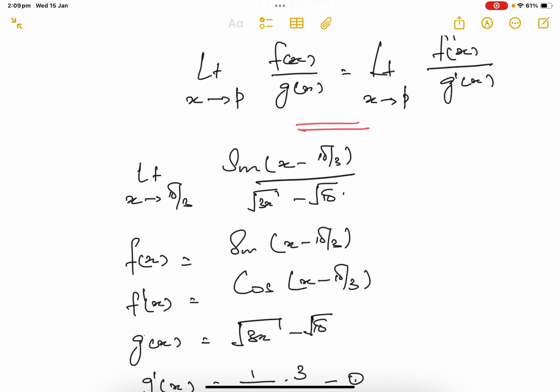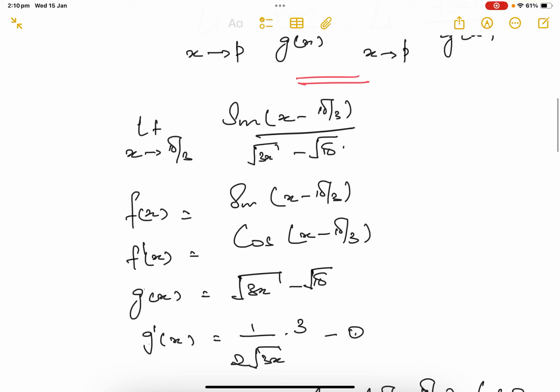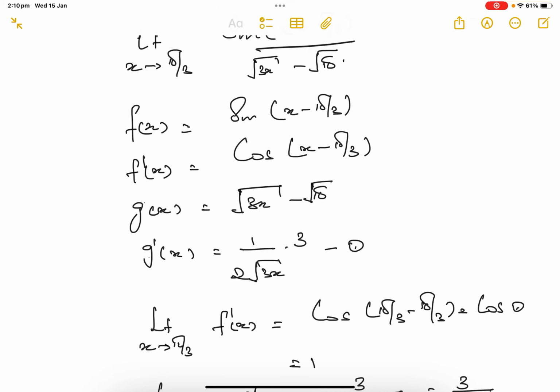Right, so I'm rewriting it. The limit as x tends to pi over 3 of sin(x - pi/3) divided by root of 3x minus root of pi. The numerator f of x equals sin(x - pi/3). If you differentiate, f dash x equals cos(x - pi/3), straightforward. Then the denominator g of x is root of 3x minus root of pi.